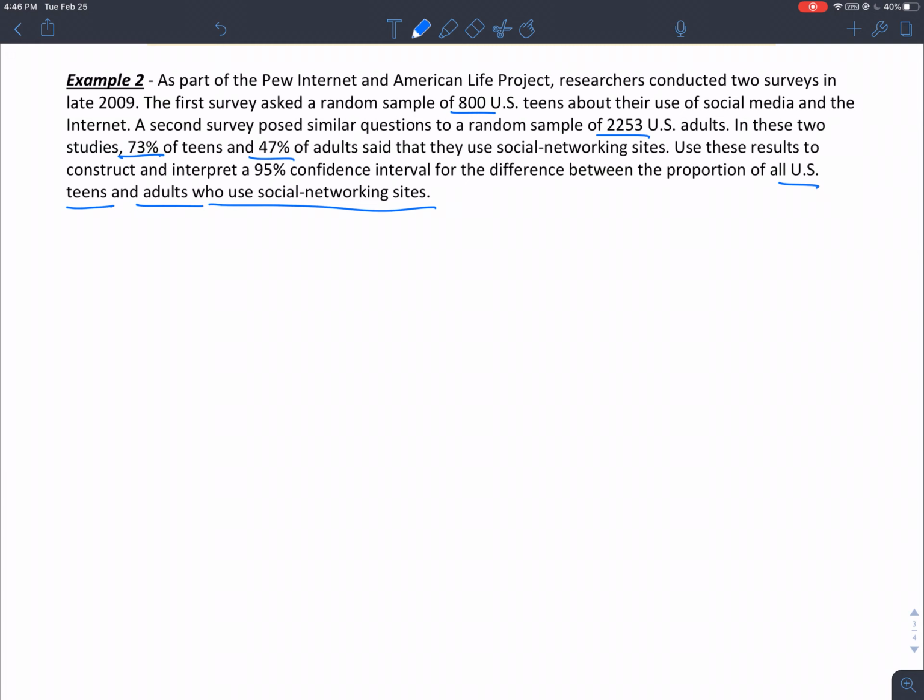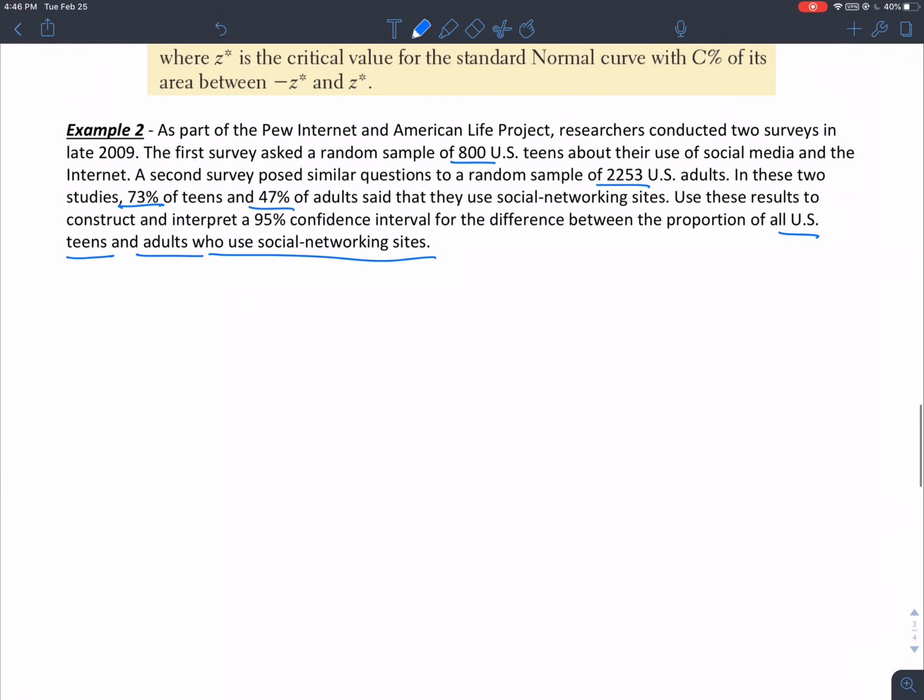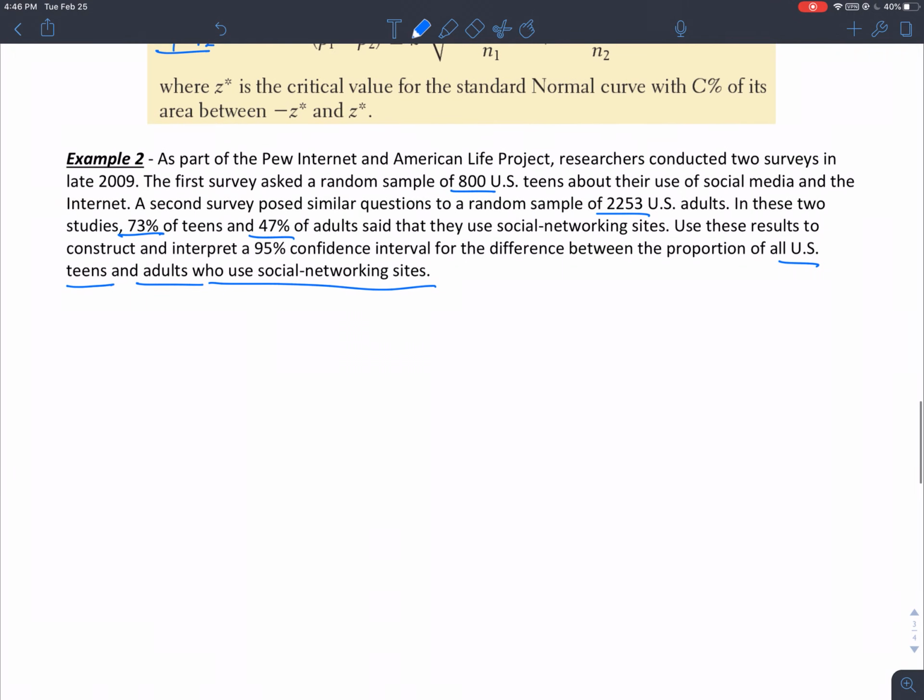Woo, lots of stuff going on here. Okay, so I think what we want to do is say, let's call this N1, let's call this N2.